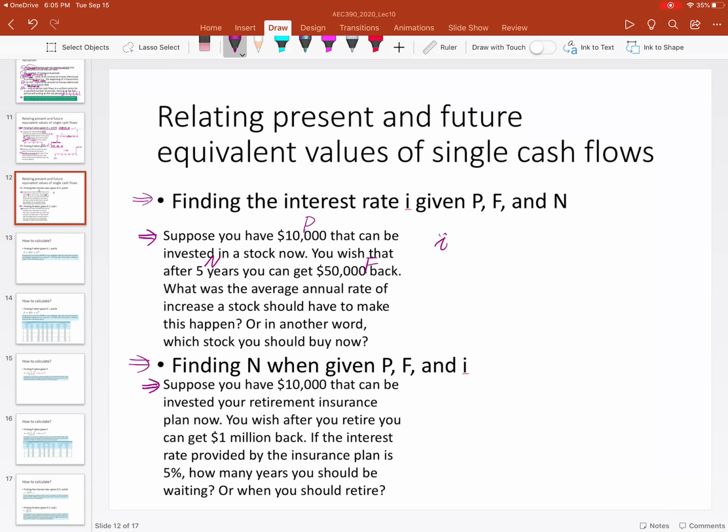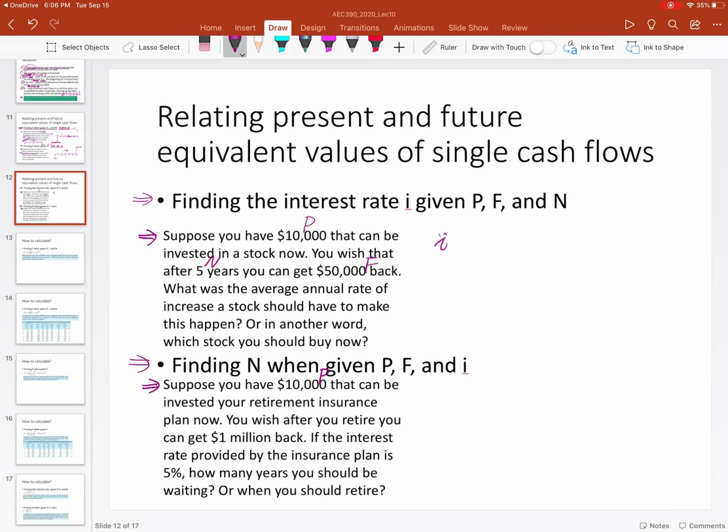So an example could be, suppose you have 10,000 that can be invested in your retirement insurance plan, right? So we all invest in our retirement plan because we want to have some money back in the pocket after we retire, right?